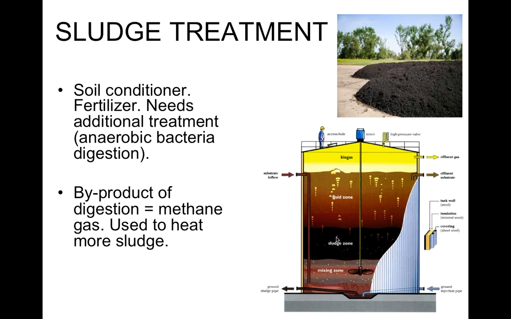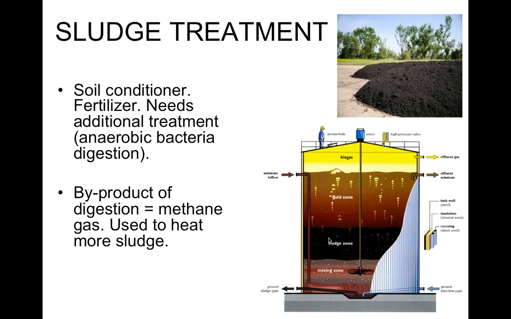And you do have to add treatment because it is still going to have bacteria and things like that. So we do anaerobic bacterial digestion here. Anaerobic means it does not require oxygen. So basically you have these huge digesters that are not going to have oxygen, and that's where the bacteria is.